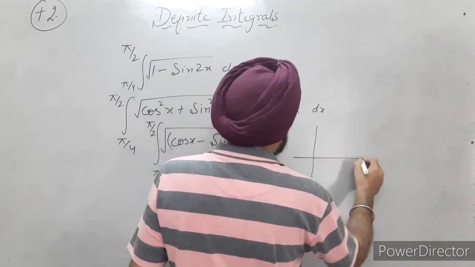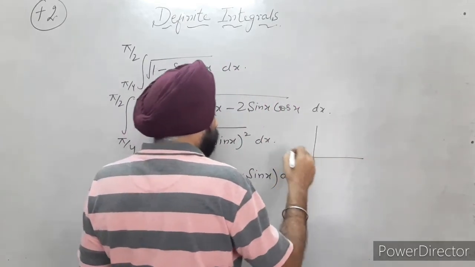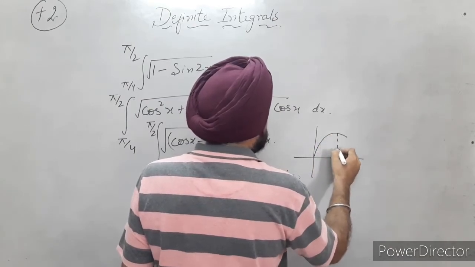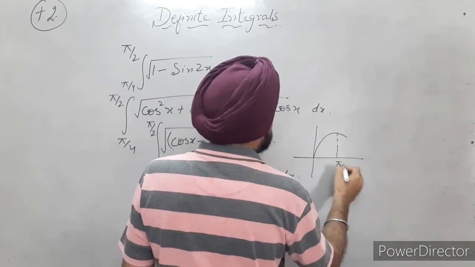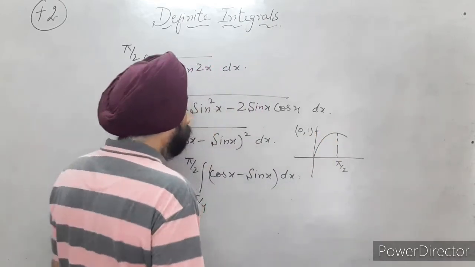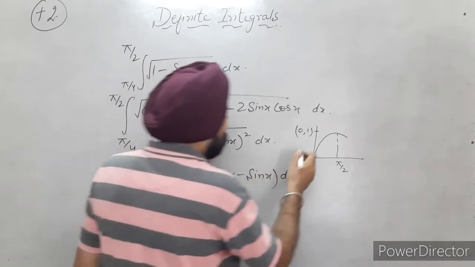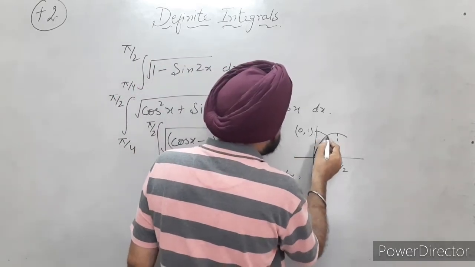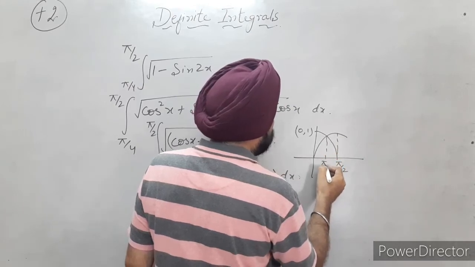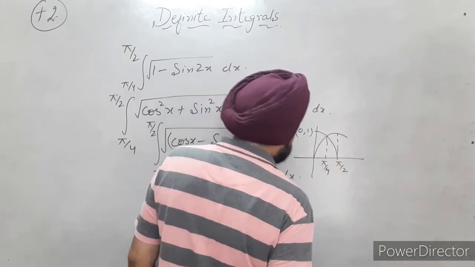If I draw the graph of sine, I get this. This is 90 degrees, it has the maximum value, that is 1. If I draw the graph of cos, I get this. This value is pi by 4, where both have 1 by under root 2 as the value.